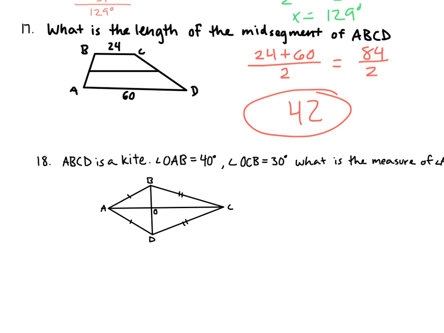ABCD is a kite. Angle OAB is equal to 40. Angle OCB is equal to 30. What is the measure of angle ABC?